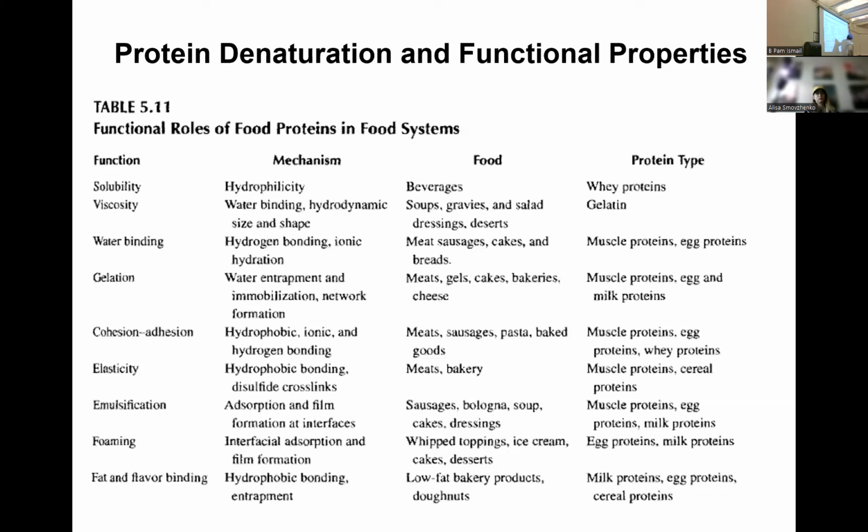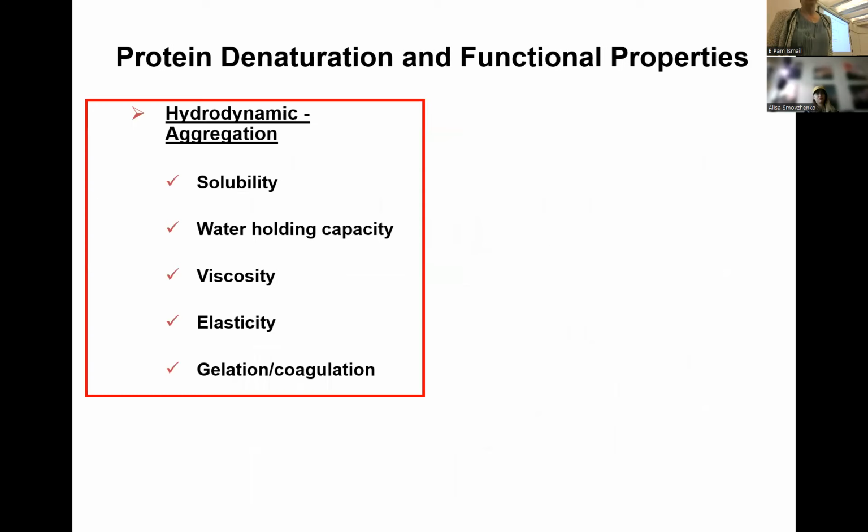And then these are the different proteins that will impart these functional properties. But these are not inclusive of any plant proteins, so this needs to be updated in the future. This is just to give you an idea of the different functional properties, the mechanism of action, types of food, and potentially types of proteins.